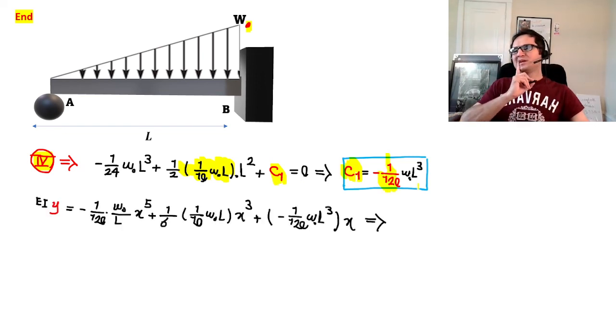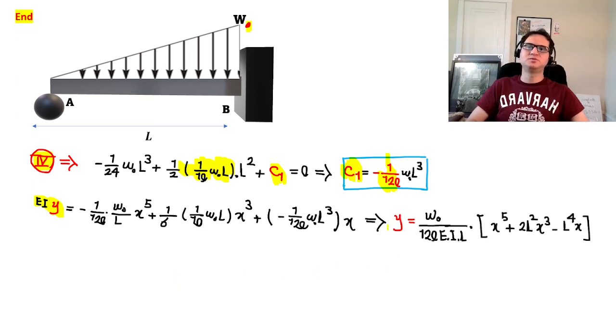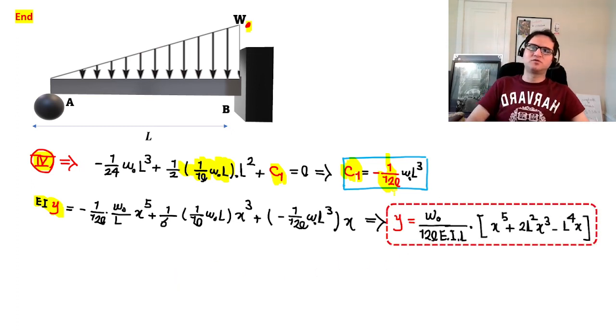If you replace the whole thing in the elastic curve equation and simplify, it simply gives you this equation for the elastic curve from moment.